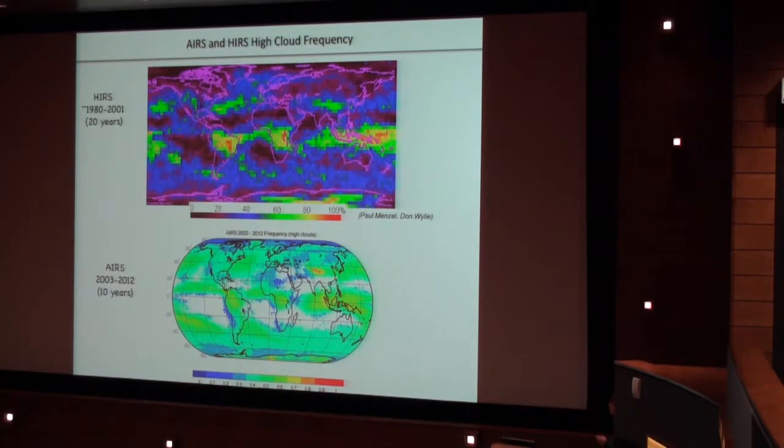Now, this slide shows 20 years of Earth observations and 10 years of Earth observations of high cloud cover. So there are obviously some differences, not only the spatial resolution, but we have to account for the differences in spectral resolution. Then we use different retrieval and filtering techniques. The time period is not the same, the time length is not the same, but I think it's very encouraging that we find the same spatial features.